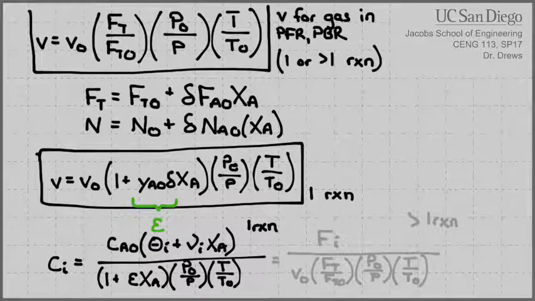Any questions on those equations? Yeah? If we're dealing with a gas and the gas is expanding downstream, is the flow rate of the gas also changing as we go down the tube? Yes, the volumetric flow rate is changing. That's what this term represents.